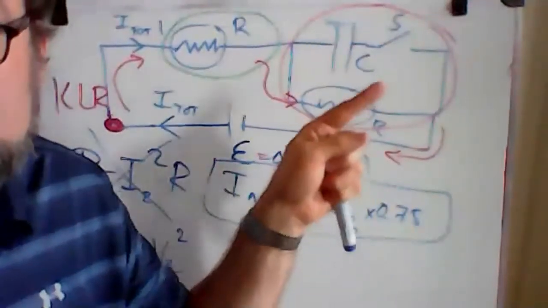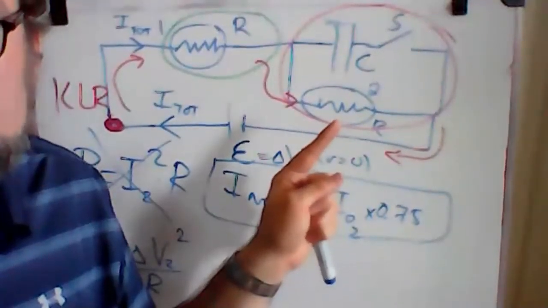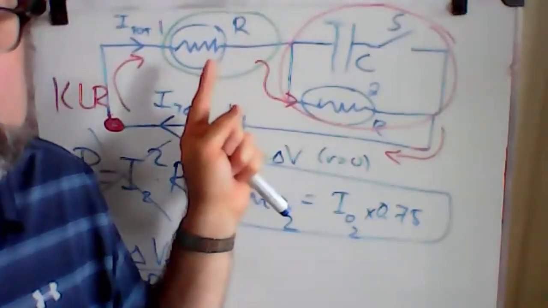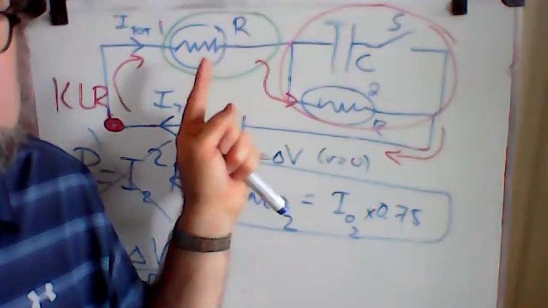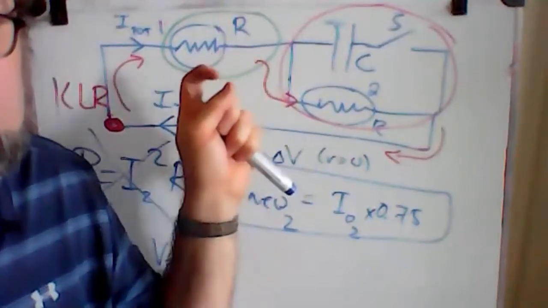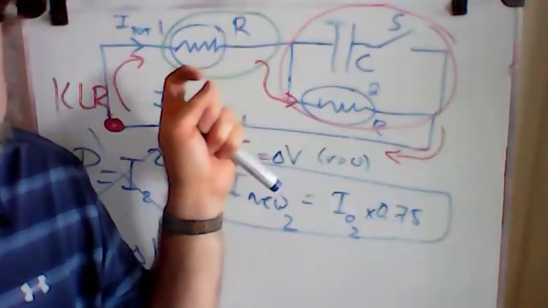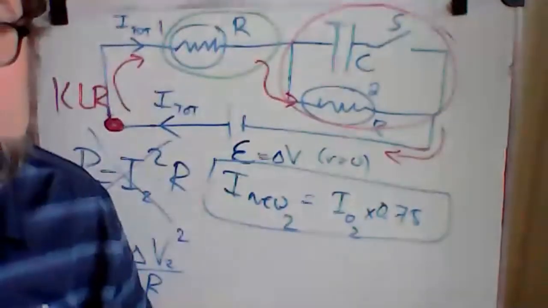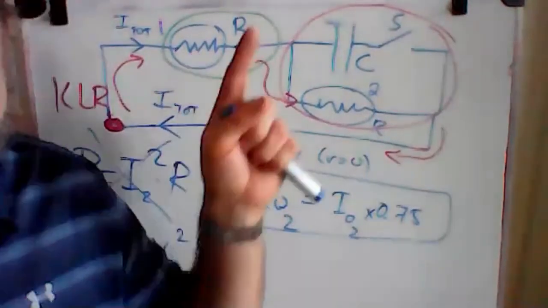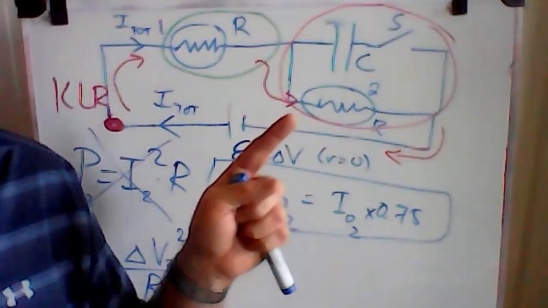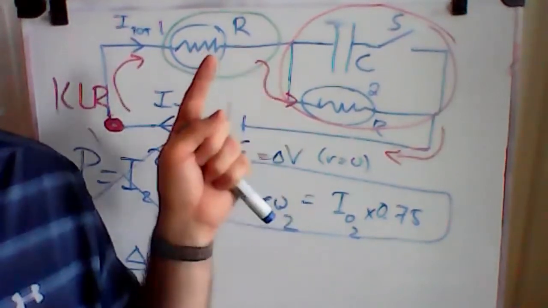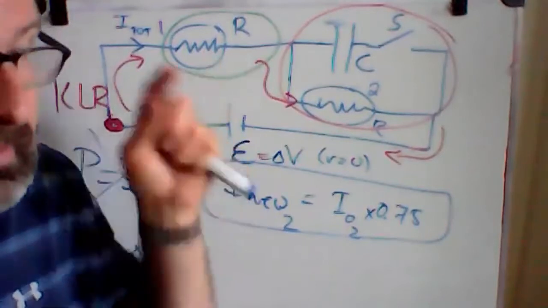So as you close this switch, this light bulb will go out, okay? And light bulb 1 will do what at that moment? Get brighter, stay the same? So when you close the switch, we said 2 gets dim, and the 1 gets bright.